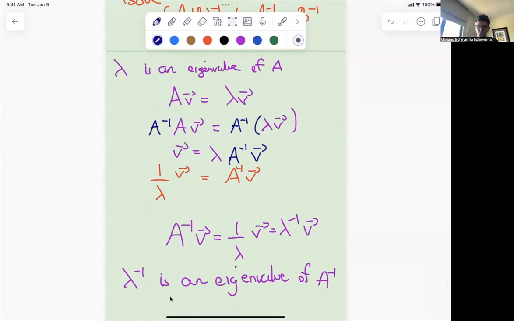Could you explain why the vectors equal something else times a negative 1 power times the vectors? Well, lambda being an eigenvalue just means this, right? Yeah. But I want an equation for A inverse, so I have to make A inverse appear. So that's why I multiply both sides of the equation by A inverse.